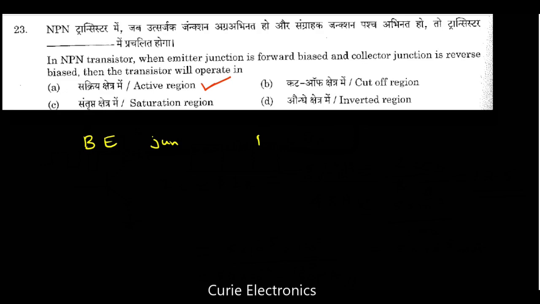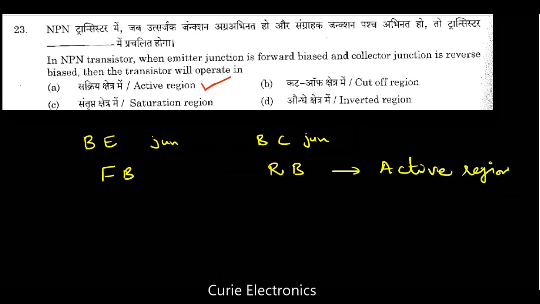What is given in the question? Base emitter junction is forward biased and the base collector junction is reverse biased. So the transistor is in active region. When both junctions are forward biased, the transistor is in saturation.